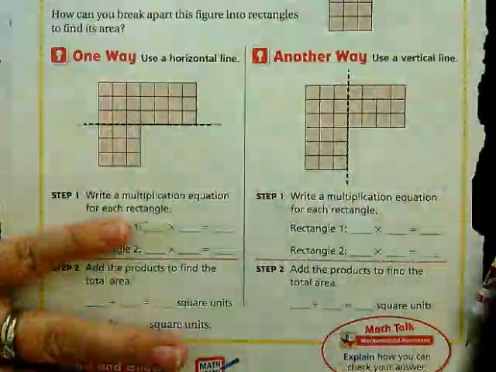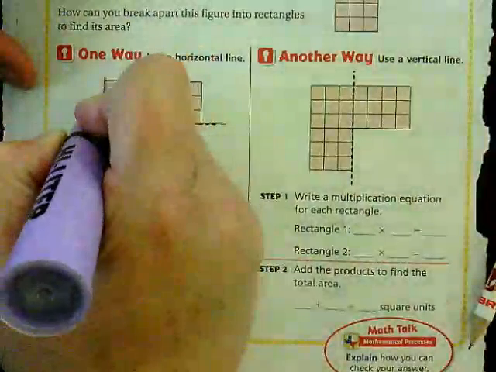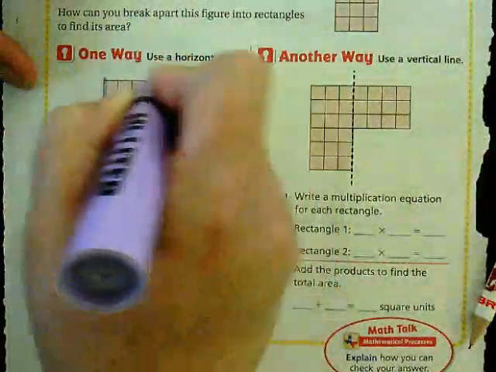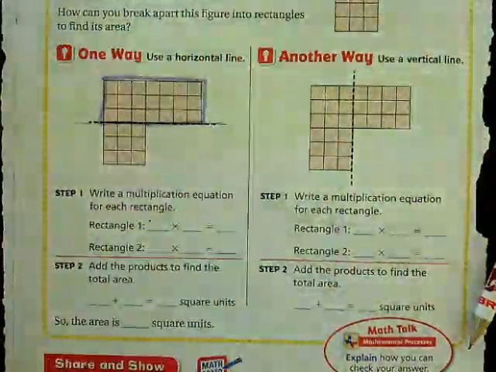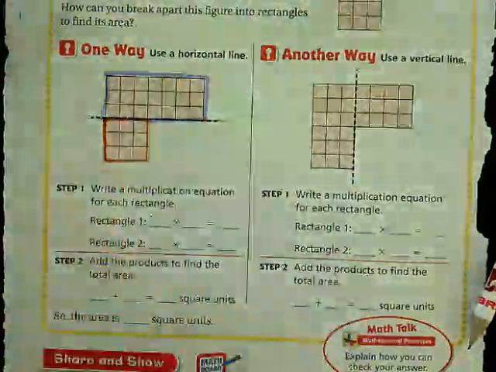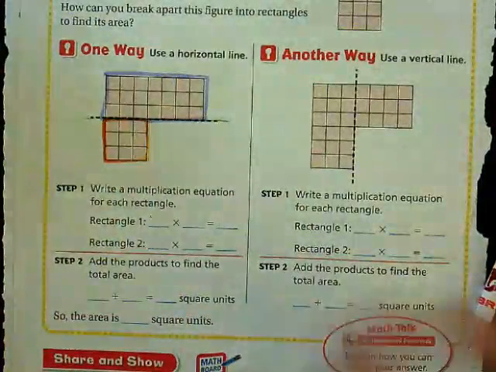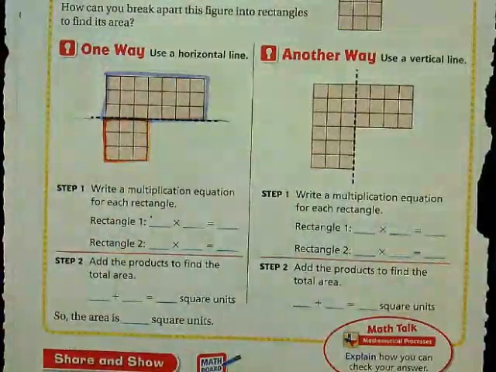Let me grab some colors here. I have this rectangle, and I have this one. And yes, a square is a type of rectangle. We've learned that during our geometry. So let's count up some units.